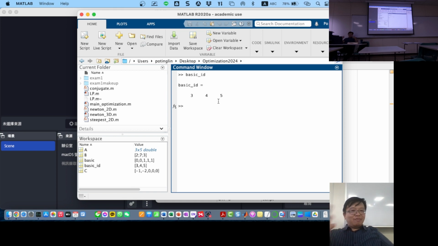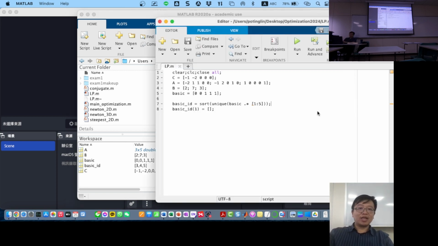So in the computer, I finally get what the IDs are for the basic columns. The third, fourth, and fifth columns are the basic ones. And I will need the non-basic ones. So I need a non-basic ID, and there's a function called set difference.